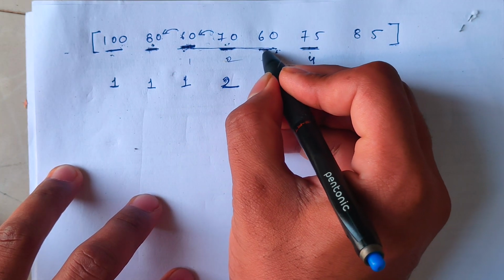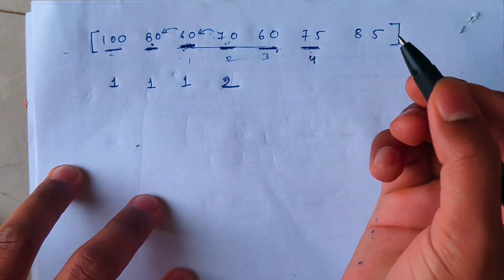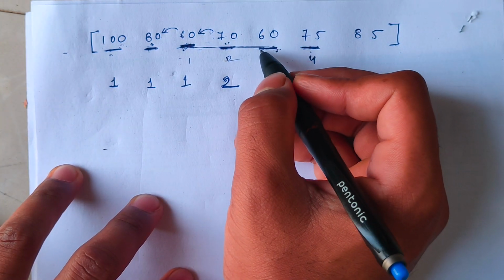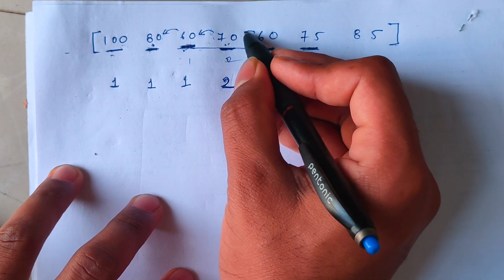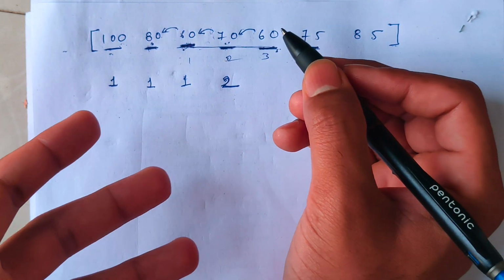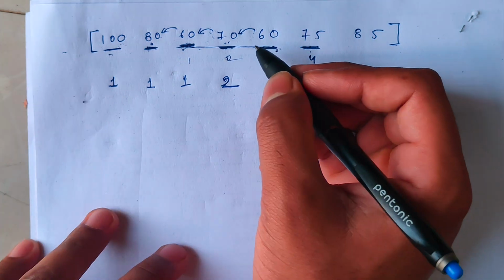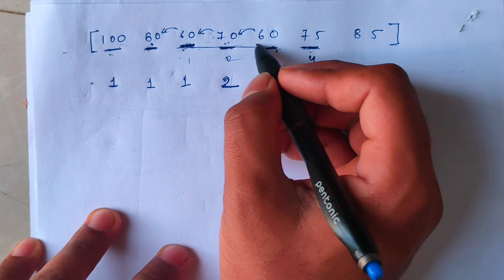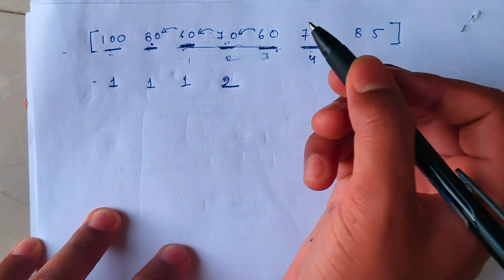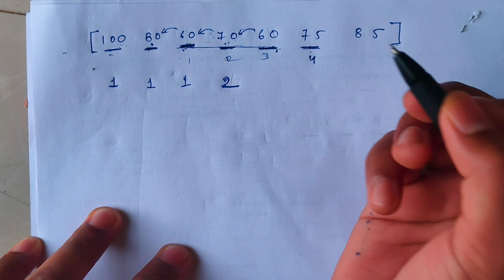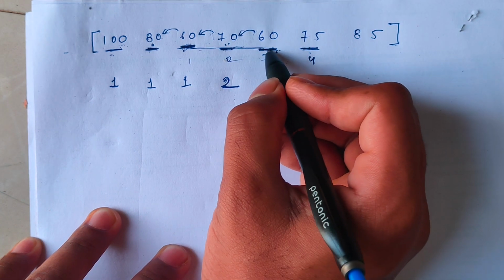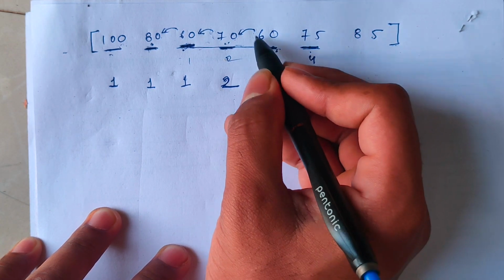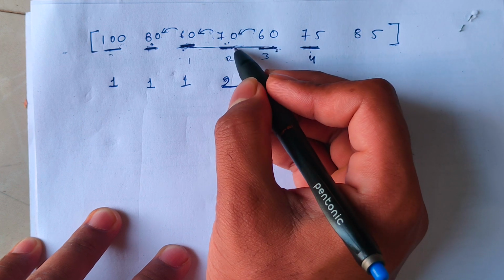Now if we see from the 60, which is less than or equal to 60, sorry, so 70, we do not find anything which is less than or equal to 60, so we stop here, because we need to find the consecutive number of stock prices which are less than or equal to 60, and it should be just before 60.